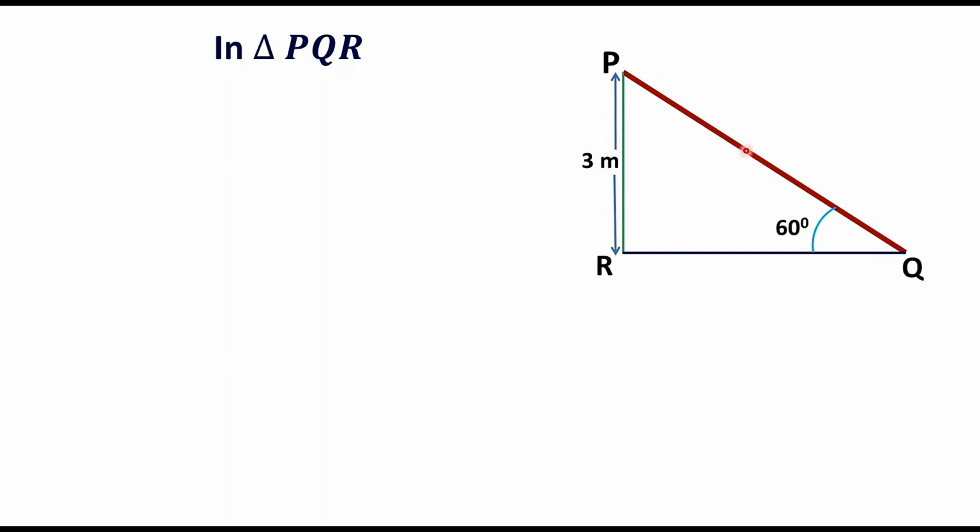Again we have to find out the length of the slide PQ, which is in the form of hypotenuse. PQ is hypotenuse, PR is perpendicular, so the trigonometrical ratio will again be sine 60 degree because angle of elevation is equal to 60 degree.